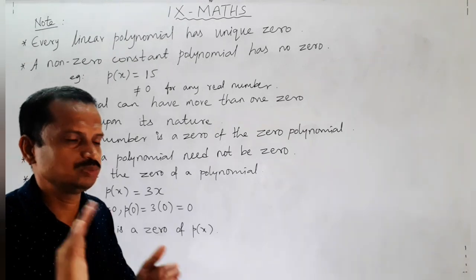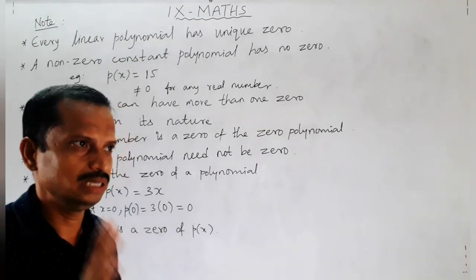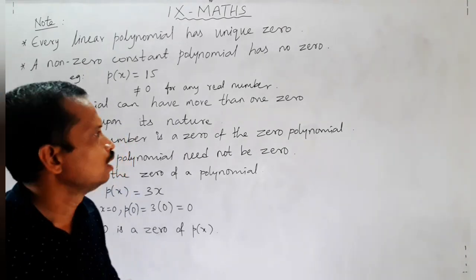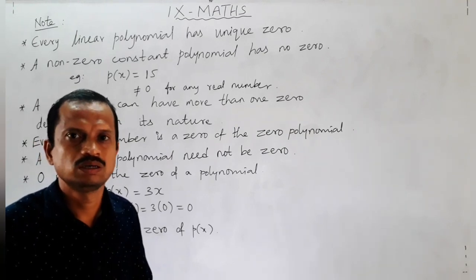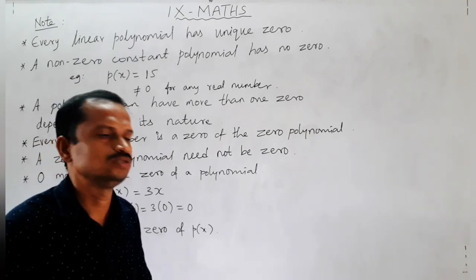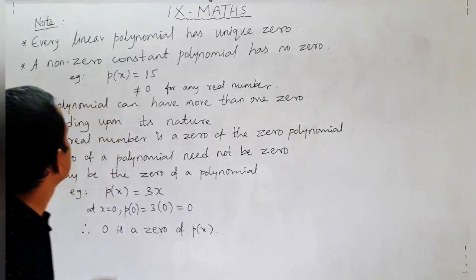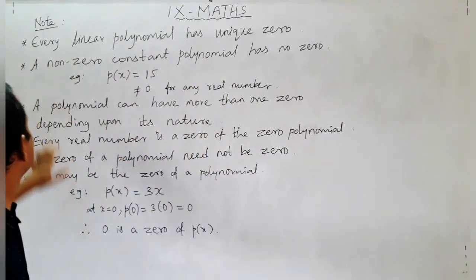Clear? ax + b, where x is the only variable and the degree is 1. If you substitute to find the zero, equal to 0, then we get -b/a as the zero of the general linear polynomial. So every linear polynomial has a unique zero.